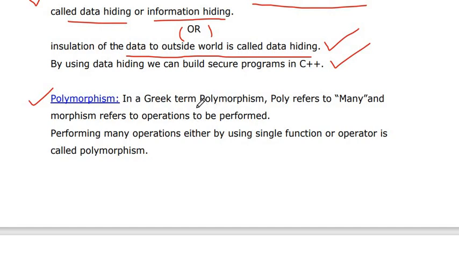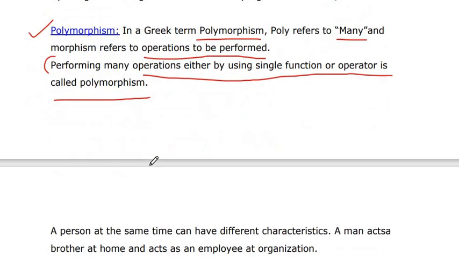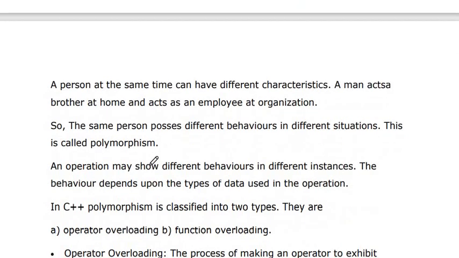In the Greek term polymorphism, poly refers to many and morphism refers to operations to be performed. Now let us see the definition. Performing many operations either by using a single function or by using a single operator is called polymorphism. Now let us see an example.